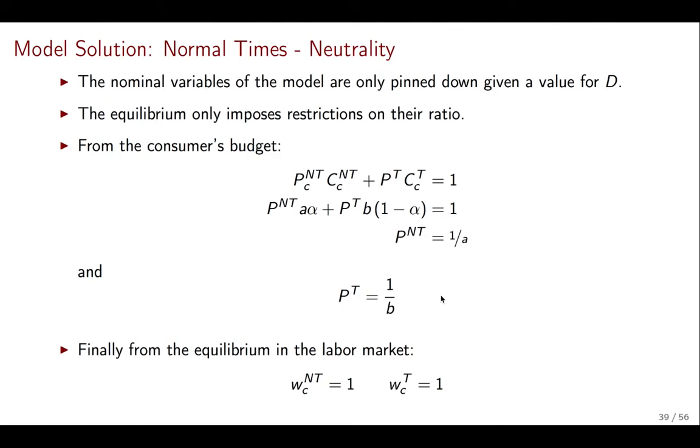And we also knew that they had to be equal to the marginal revenue productivity. And so we knew that this one was A times PNT, and so PNT is 1 over A. That's what gives us the 1. And with that, we have all the variables of the model, and we know how to find each and every one of them using the different equations, both market clearing conditions and optimality conditions of our agents.